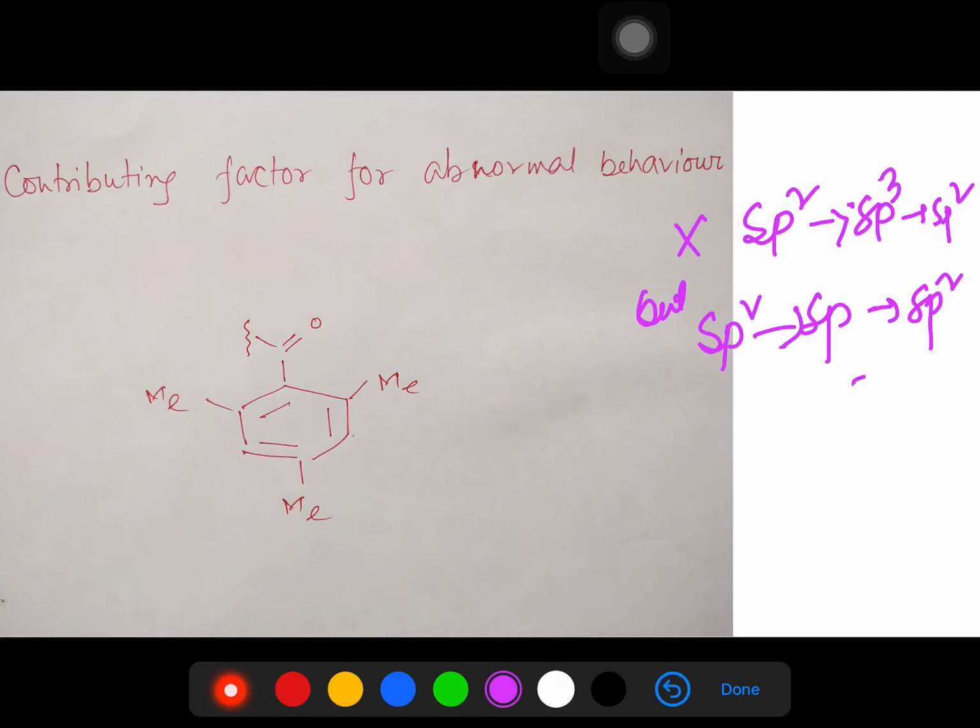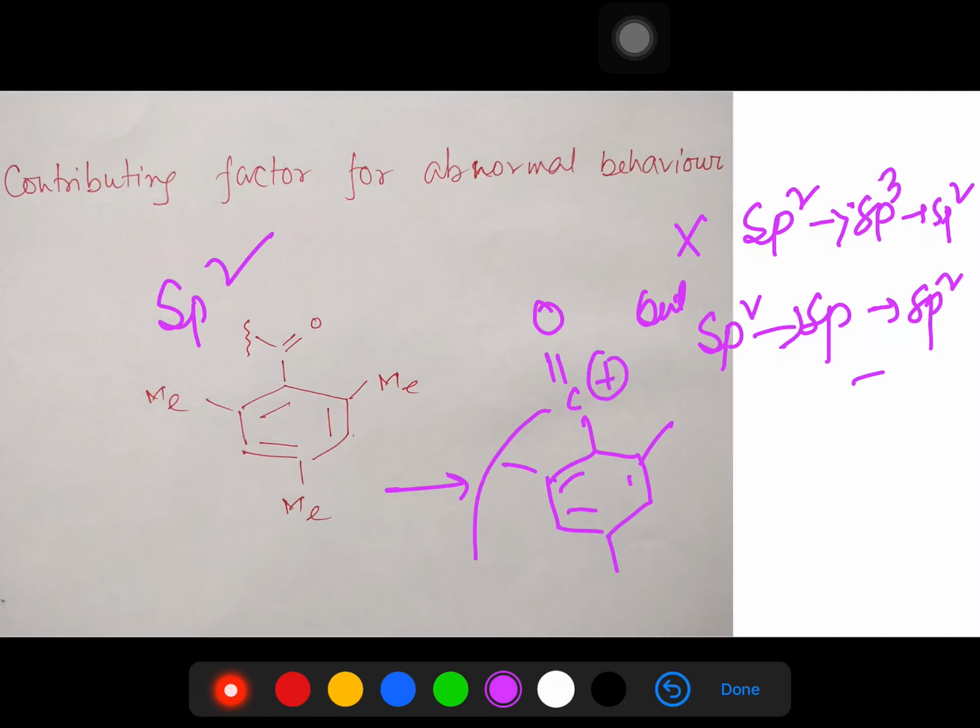That is possible. So here it is not possible, but in this case, this is actually sp2, you may consider. What other sp version could be prepared? What do I mean? One of the options is this acylium cation derivative. So in this case, the carbon is sp. Don't get confused, because this has a canonical form.